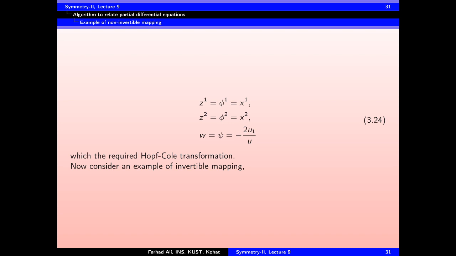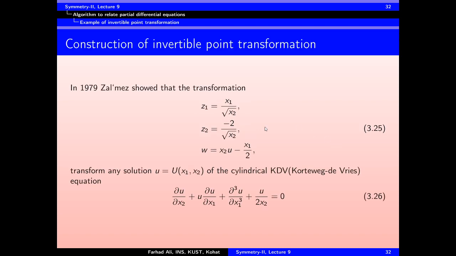And how did it happen? Because of the mapping between the spaces. And how is the mapping defined? The mapping is defined because of the symmetries of the given differential equation and the target differential equation. So the whole goal is to solve the Burgers equation.